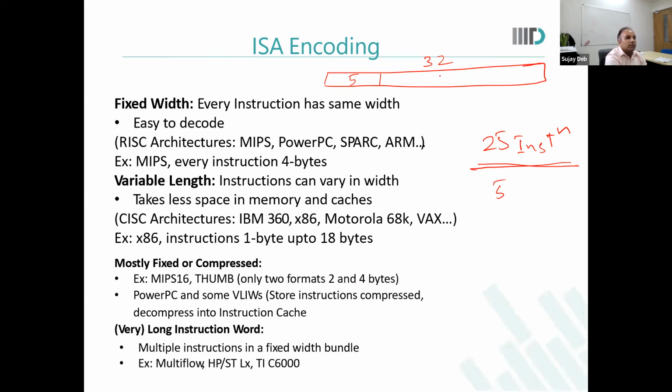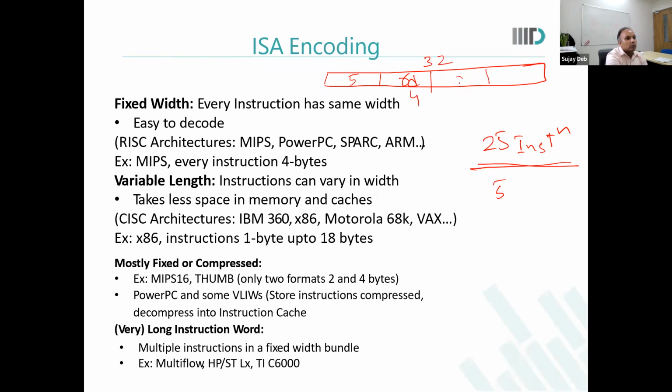Then I'll have, let's say, 2 source registers and 1 destination register, if all my operands are specified through registers. So let's say I have 16 general purpose registers. To identify each of the registers uniquely, I need 4 bits. So let's say this is my destination register, so it will take 4 bits.